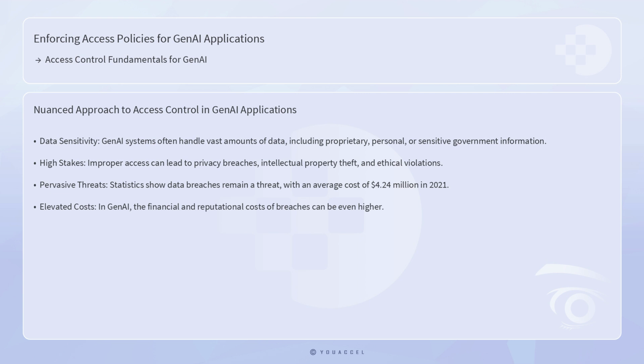The need for robust access control mechanisms is underscored by statistics indicating that data breaches remain a pervasive threat, with the average cost of a data breach reported to be $4.24 million in 2021. In GenAI applications, where the data can be particularly sensitive, the cost financially and reputationally can be even higher.